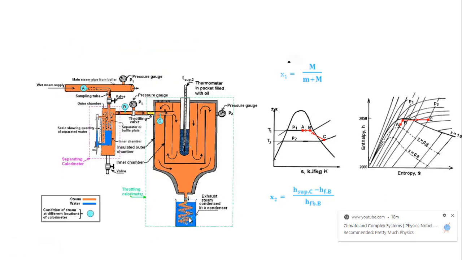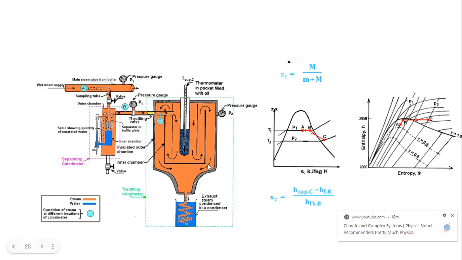Here, instead of giving the volume, they have directly given the mass, but when you do the actual experimentation, we get the volume readings over here, and those volume readings, by using the specific volume, we convert into mass. How to convert the volume to mass, we'll see by the example of the moisture which is collected from the separator. Okay, so let us begin with the problem now.